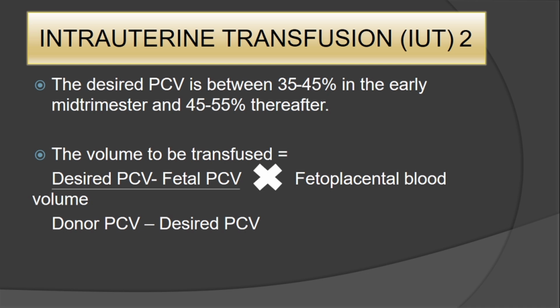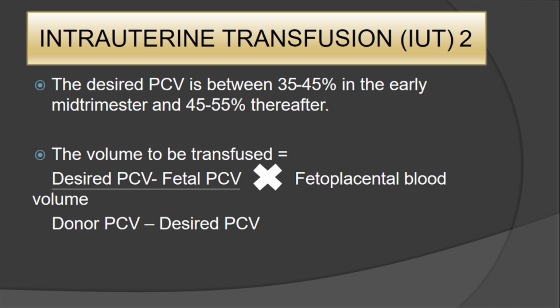The desired PCV targeted at early gestation, early mid-trimester, is between 35 and 45, whereas in the later trimester, we'll be targeting between 45 and 55%. Then the PCV we desire will determine the volume of blood to be transfused.